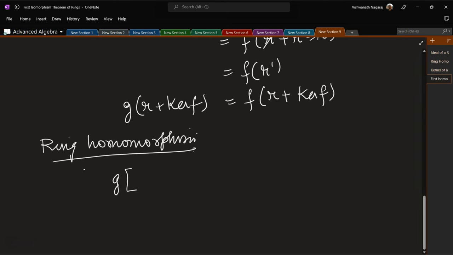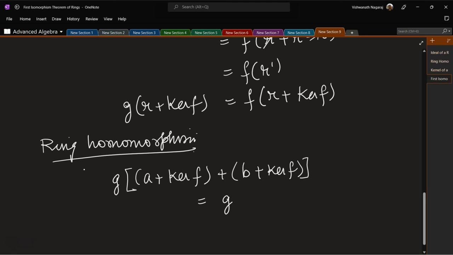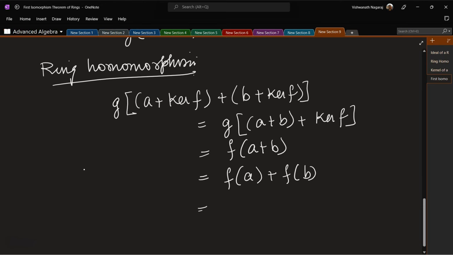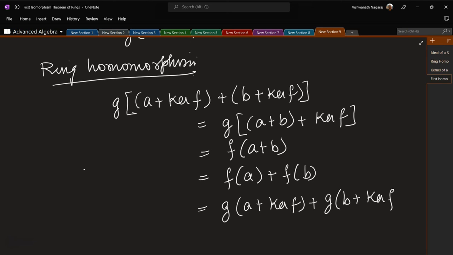G of A plus kernel of f plus B plus kernel of f is equal to G of A plus B plus kernel of f, which can be written as f of A plus B, which we can split as f of A plus f of B. And f of A can be written as G of A plus kernel of f, and f of B can be written as G of B plus kernel of f.